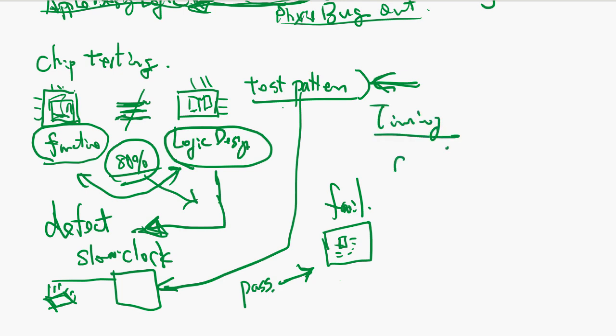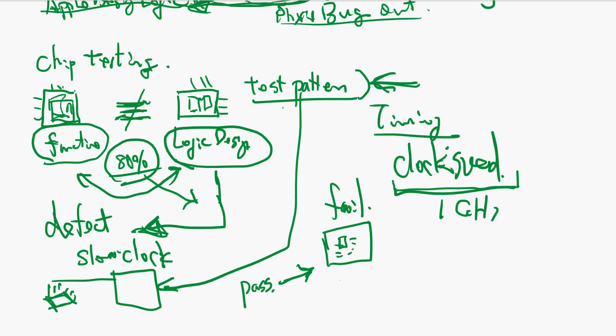And when the clock speed doesn't meet the target, what do you do? Think about it. What can you do if the chip you made is supposed to run at 1 gigahertz, but it passed the test only at 200 megahertz?